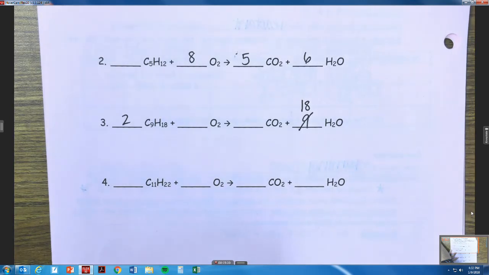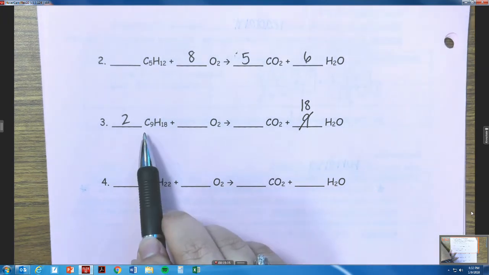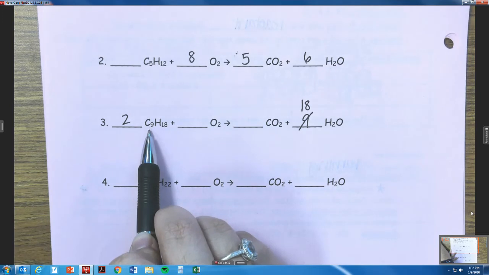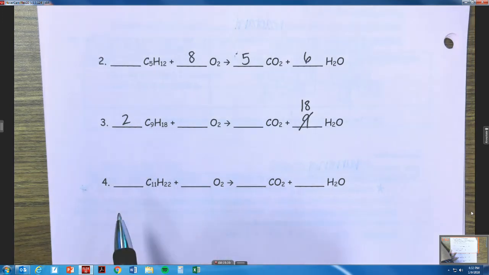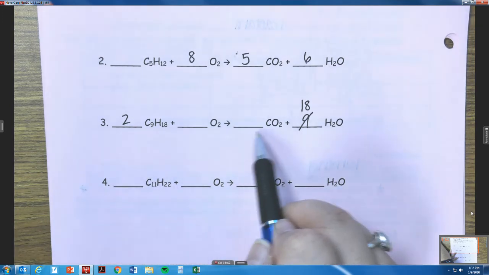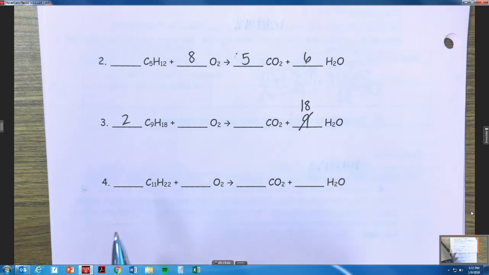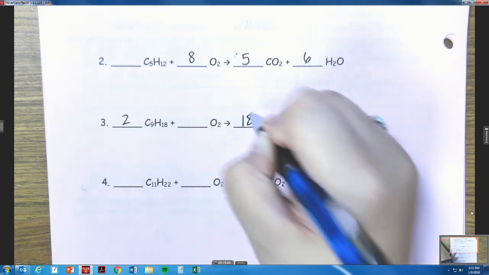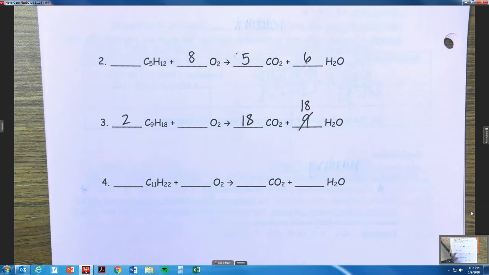Okay, so now that our hydrogen is balanced, we're going to go ahead and move on to carbon. Carbon on this side, we have 9 times 2, so that's 18. And since we only have one carbon on this side, then our coefficient has to equal 18.